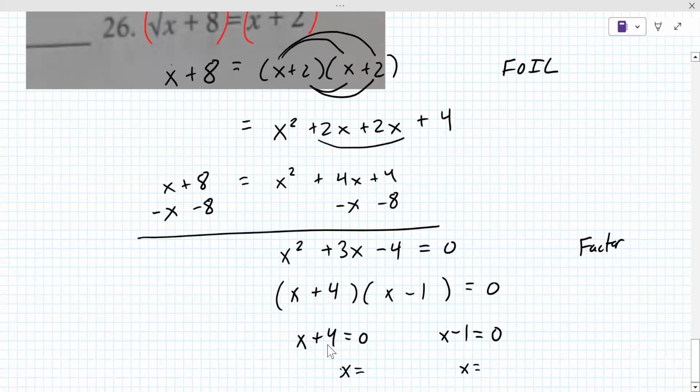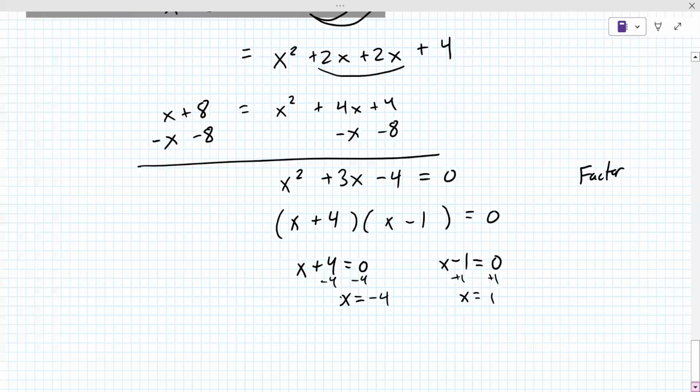So you're moving the 4 to the other side of the equation. Oh, okay. So then that would be x plus 0, which would be x. You're subtracting 4 from both sides. Oh, okay. So x is -4. And then you're adding 1 to both sides, x is 1. Oh, okay. Interesting. Okay.